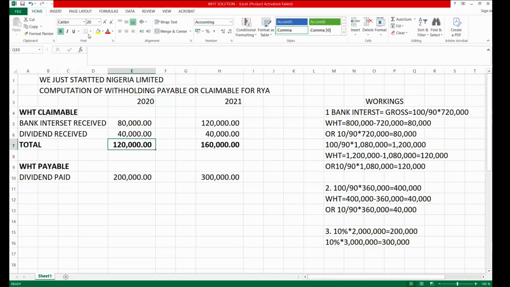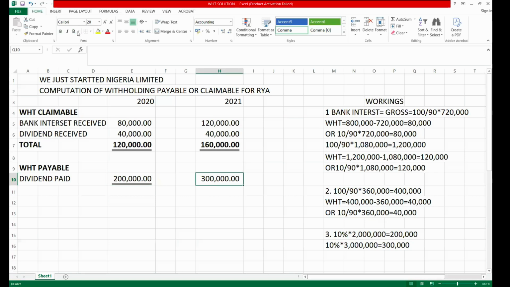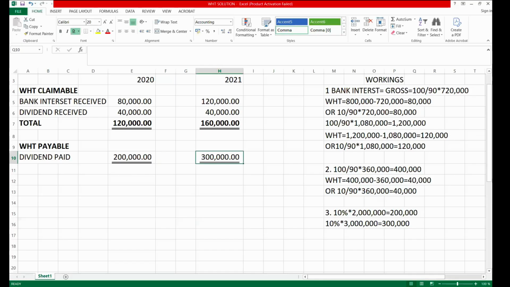This will be claimable, while the other one will be payable. They are not to be set off against one another, so you have to treat them separately. You cannot say, because you want to pay 300,000 and you want to claim 160,000 here, let me remove this 160,000 and pay the government the balance. No, it's not allowed. Pay what is due and claim what is due to be claimable. That is the case with the withholding tax.